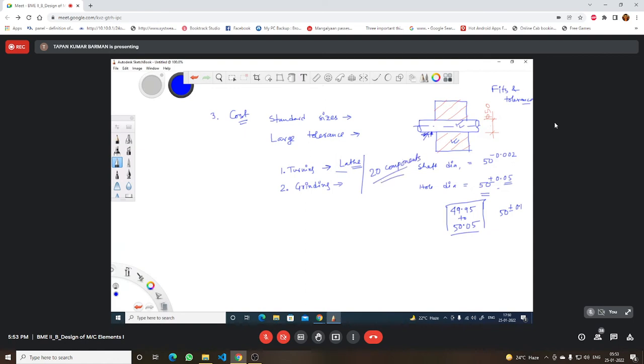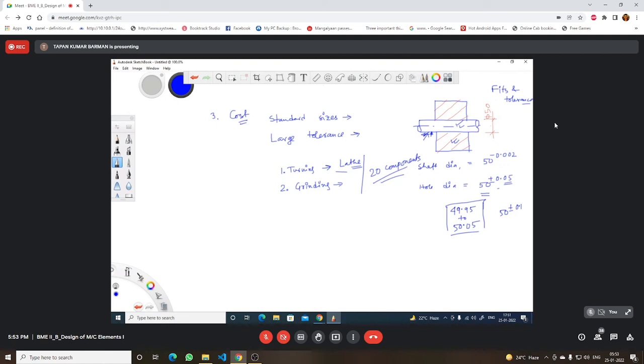For the selection of the process, there are different parameters that should be considered. One is the surface finish of the product. After doing the machining, you will get the surface. What is the surface quality of the product? For proper functioning of the component, surface quality or surface finish is one important parameter.